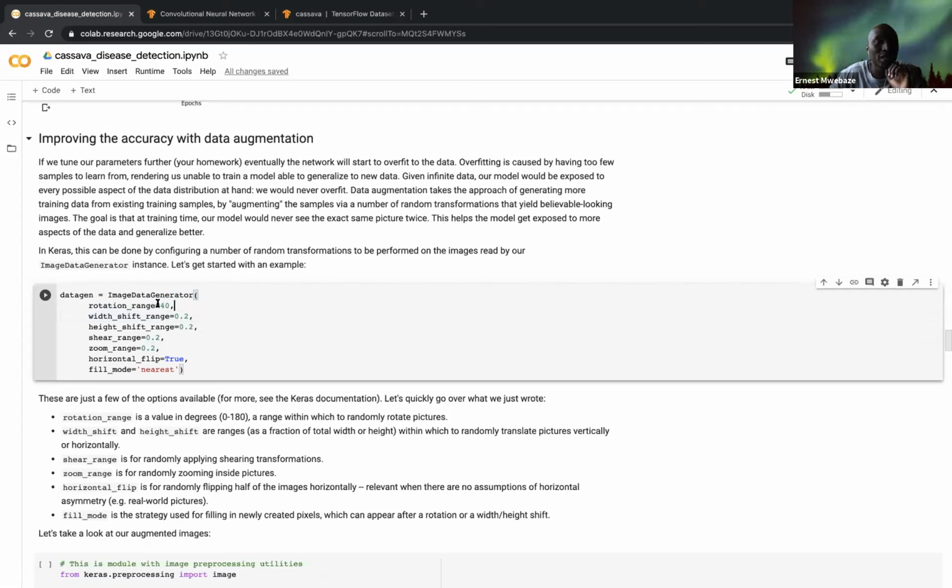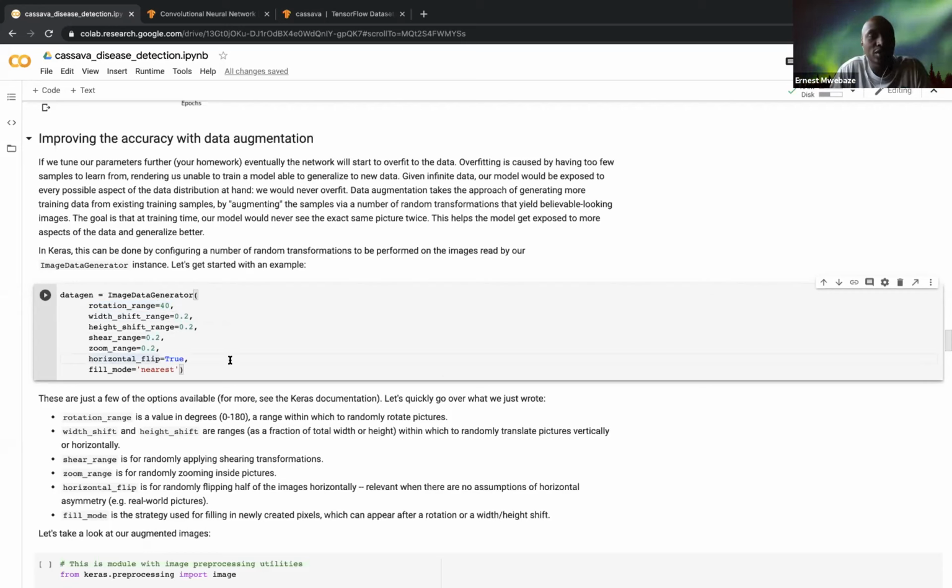So for example, here we're saying rotation range. So rotate images, once you pick them from the folder, rotate them by 40 degrees. Width shift range, so shift it or shear it. The height shift range, shear range, zoom range. So you can sort of zoom out the image or flip it horizontally, so converting the image on the horizontal axis.